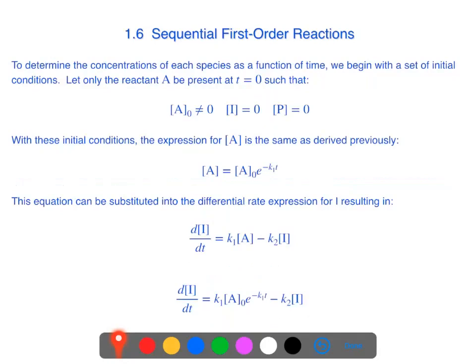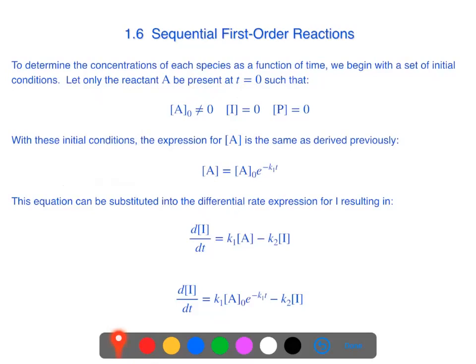Now, to determine the concentrations of each species as a function of time, we have to begin by setting an initial set of conditions. So if we let only reactant A be present at t equals 0, then the following conditions can be stated.